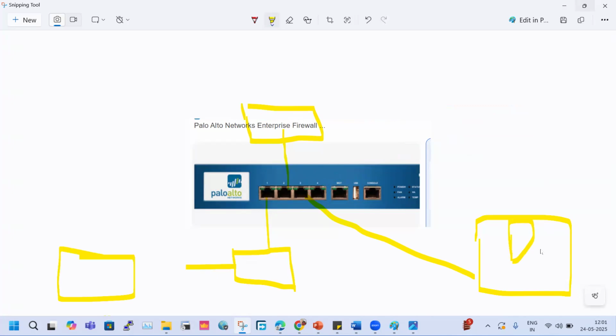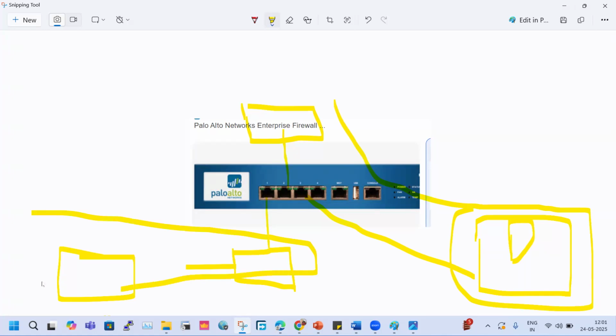Yes. All publicly accessible servers will be placed in your DMZ zone. Why do we create a separate zone for our publicly hosted servers? Because if somehow our DMZ zone is compromised, our LAN network will be protected.